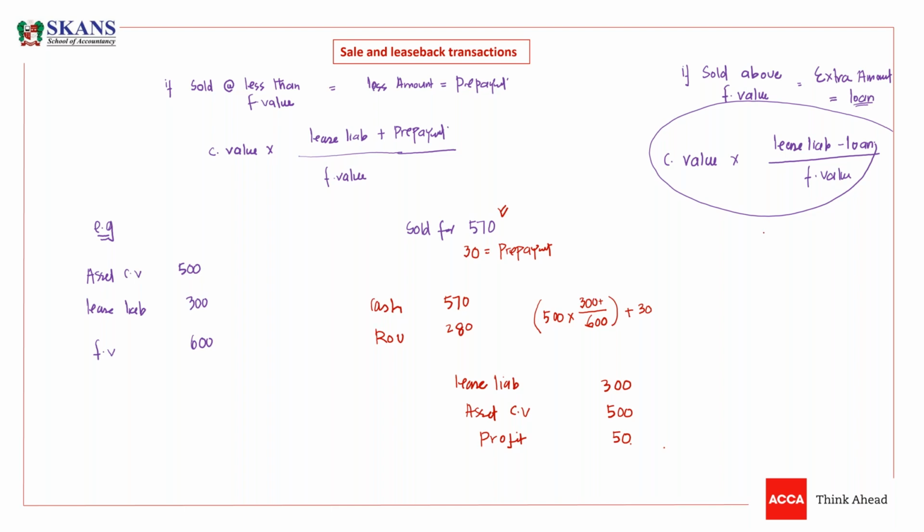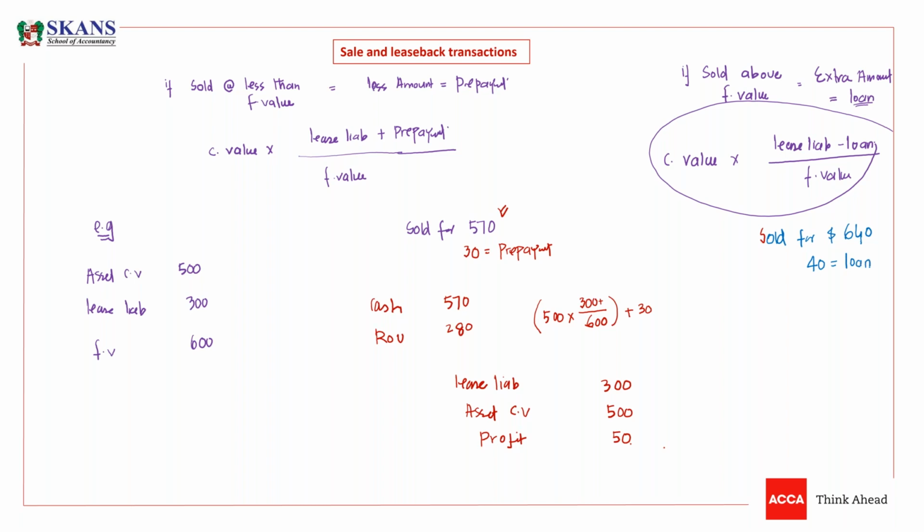Now, what is next? If it is sold for $640, the extra amount we are receiving is 40. So we are selling above fair value, and the extra 40 is the loan amount.